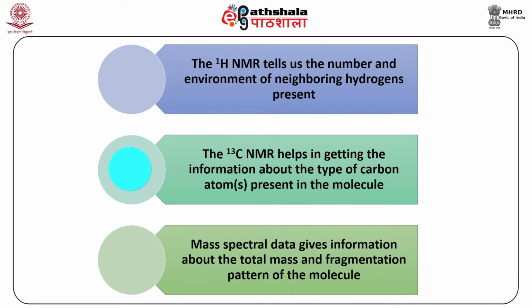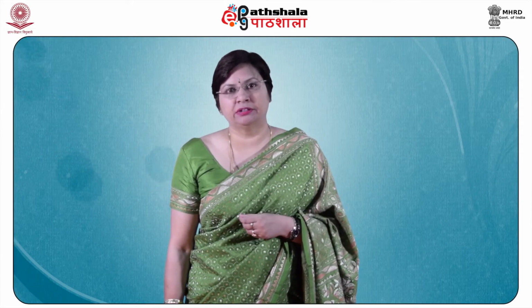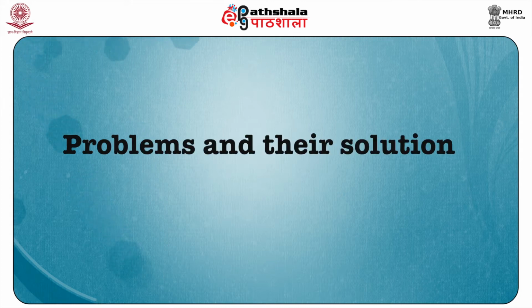And if you are given the mass spectra, the mass spectral data will give you information about the total mass and fragmentation pattern of the molecule. By combining all this information, you can find the structure of any given molecule or compound. So, let us begin with solving some more problems.